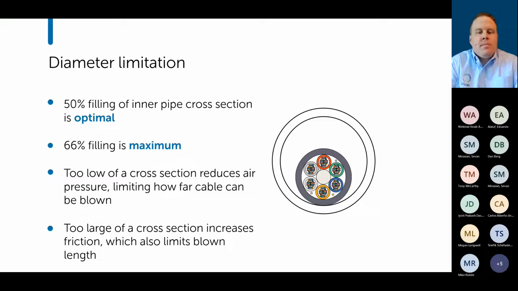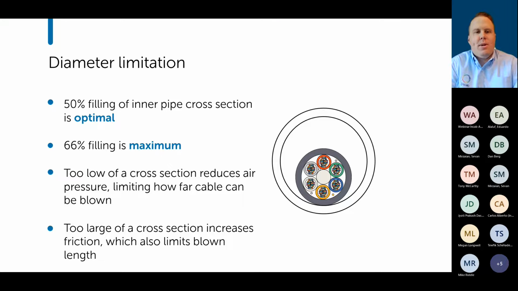The other thing that we need to do is look at the diameter of the cable in relation to the inner diameter of the duct. Ideally, we want the outer diameter of the cable to be 50% of the inner diameter of the duct. So if we've got a duct bank that's 1/2 inch inner diameter, we want that cable to be 1/4 of an inch outer diameter.